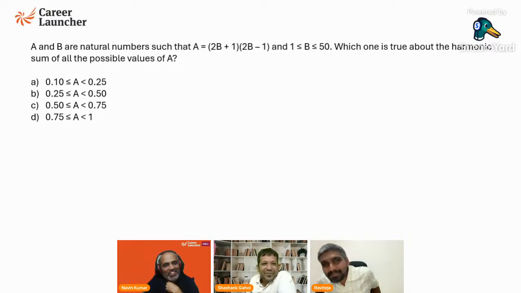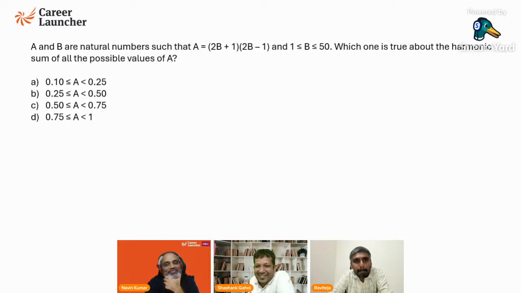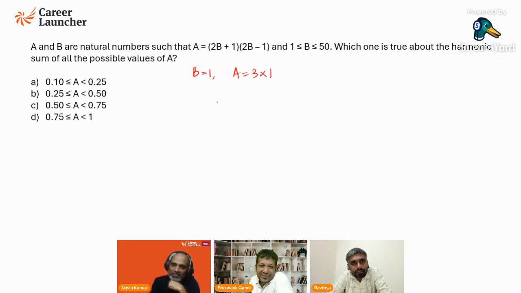A and B are natural numbers such that this happens. हाँ जी रवि. a इक्वल टू 1 रखेंगे पहले, अब b इक्वल टू 1 रखेंगे, 2 रखेंगे, 3 रखेंगे, will find a pattern. So at b equal to 1 we'll get 3 into 1.